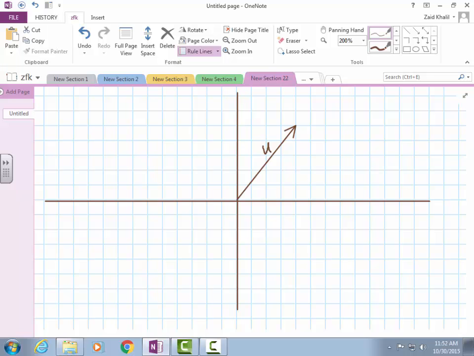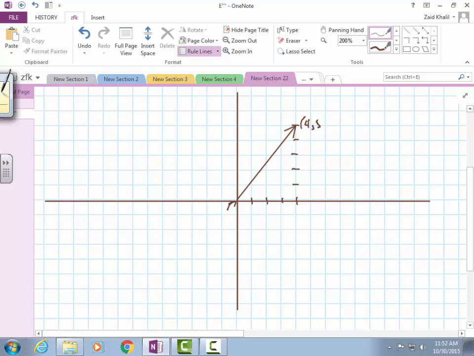So looking at this, let's make life easy on us and call this the origin. And let's say these are each one space. 1, 2, 3, 4, 5. And so what's the location of this point? 4, 5. And so the vector U extends from 0, 0 to 4, 5. But bear in mind, that can be translated, right? So it could extend from 1, 1 to 5, 6.